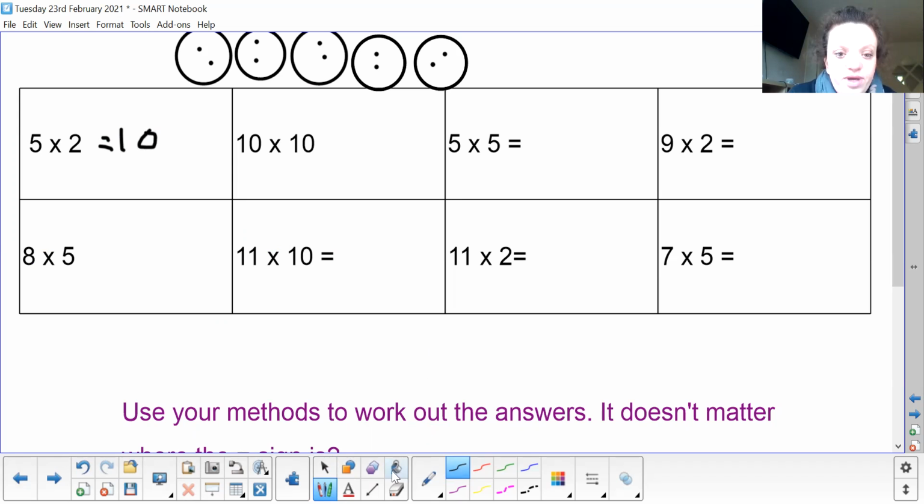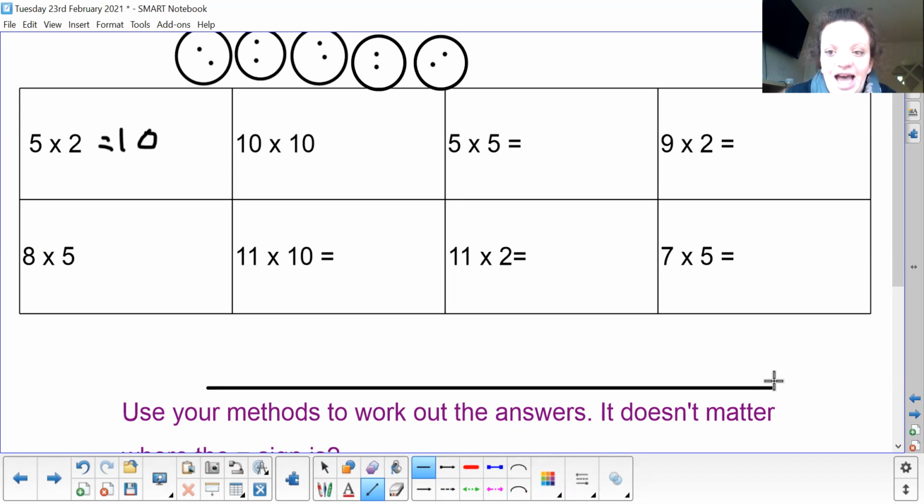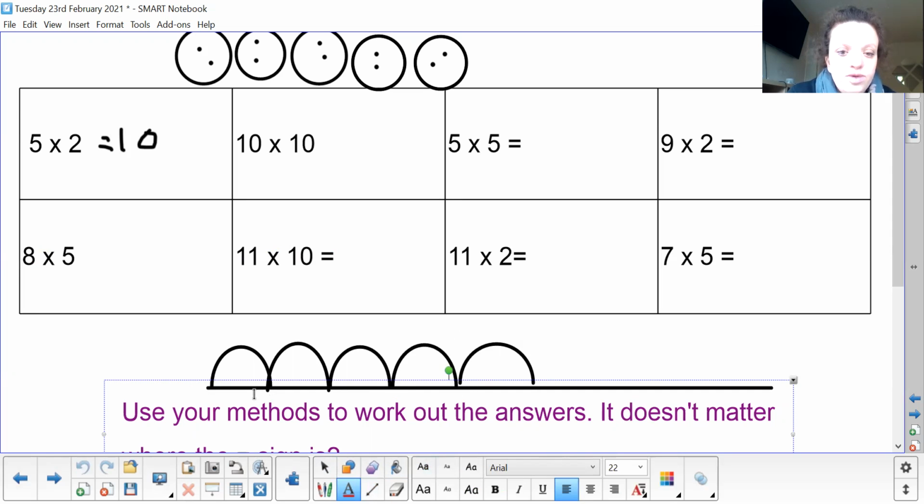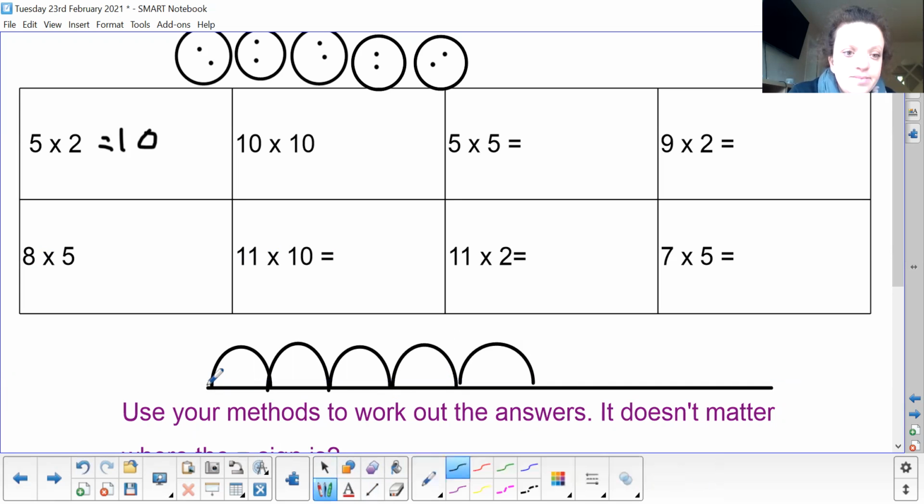Or another way we could do it is we could draw a number line and we could count in steps. So we count 5 groups of 2: 1 group, 2 groups, 3 groups, 4 groups, 5 groups. And then we start with 0 at the end, and we count each of these groups in 2.